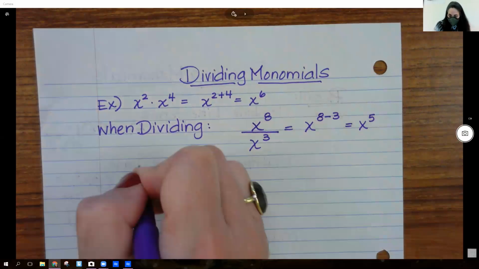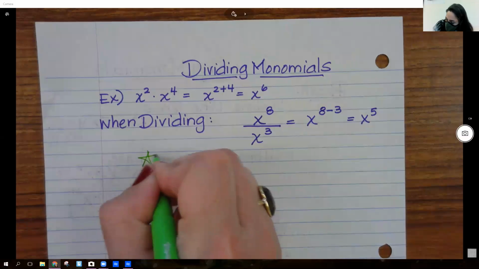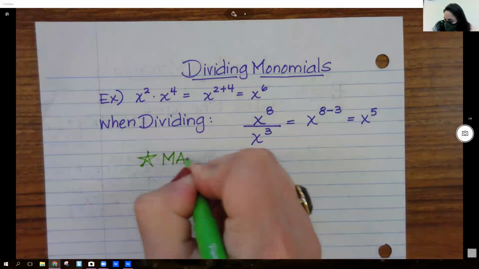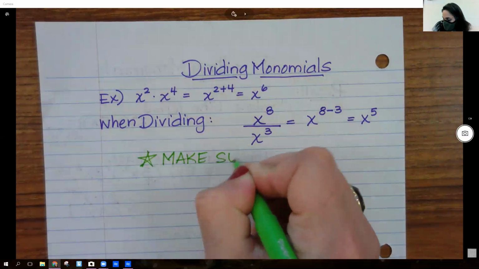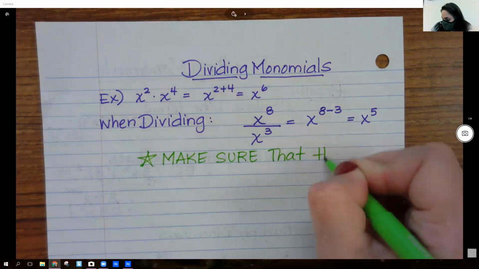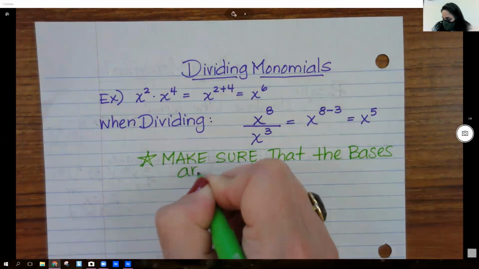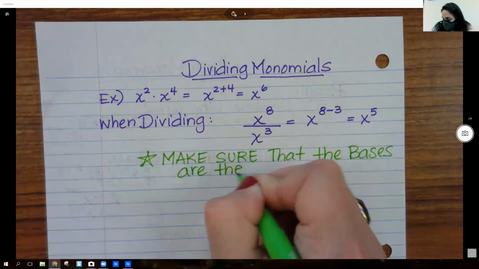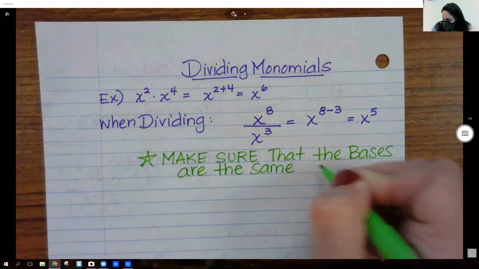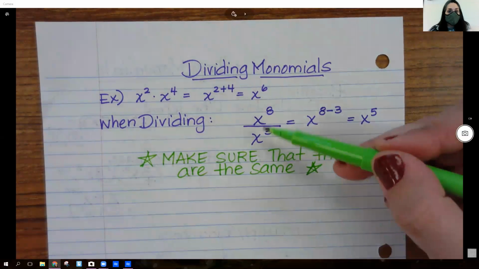So here's the big thing. I'm going to do it in a different color marker so it stands out. Make sure that the bases are the same. You can only do this rule if you have the same variable on the top and the bottom.